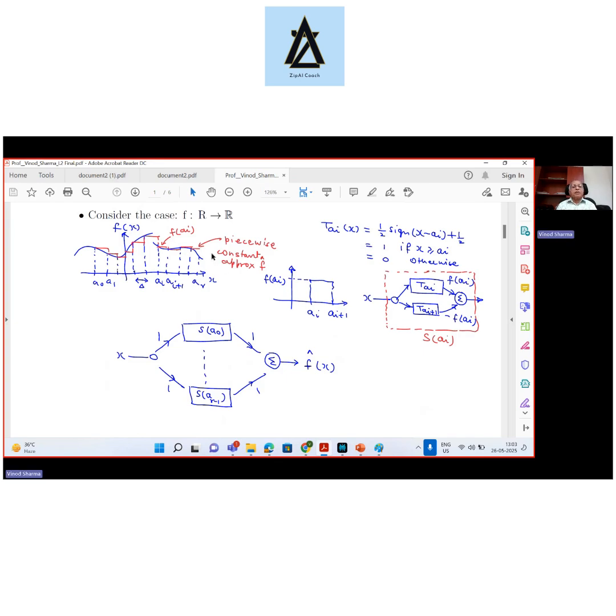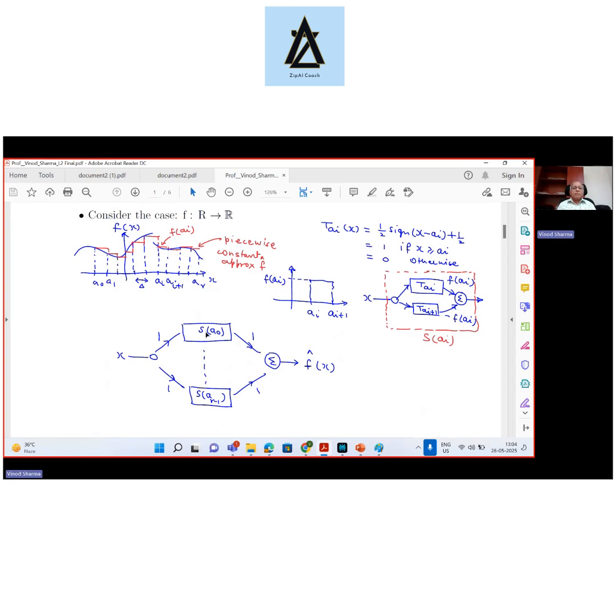This red function that you have, f hat, can be seen as a summation of this kind of functions f_ai. If you write it as f_i, then f hat is the summation of f_i's for i equal to 0 to r minus 1. And now you can see that the neural network given here implements this f hat, where x is coming at the input.